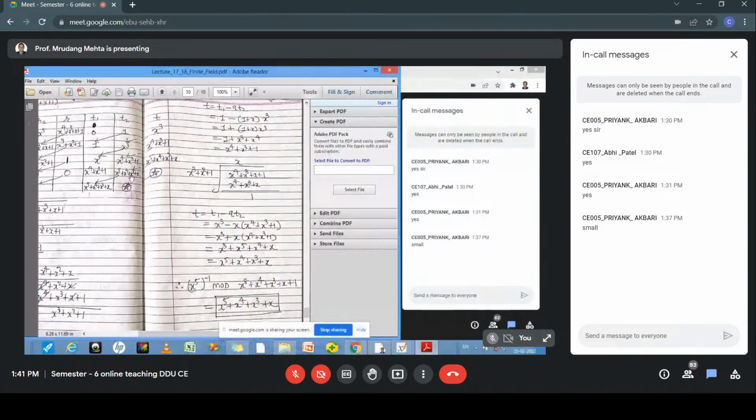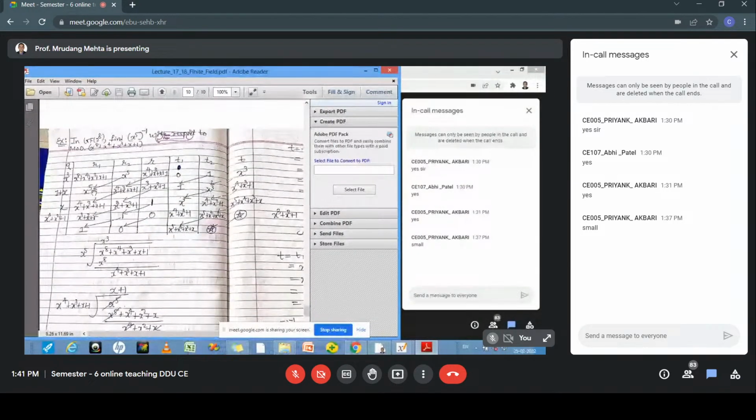So that is 1 minus Q. Q is x plus 1 into x3, x raised to 3. So minus becomes plus. So 1 plus x raised to 3 plus x raised to 4. So x raised to 4 plus x cube plus 1.